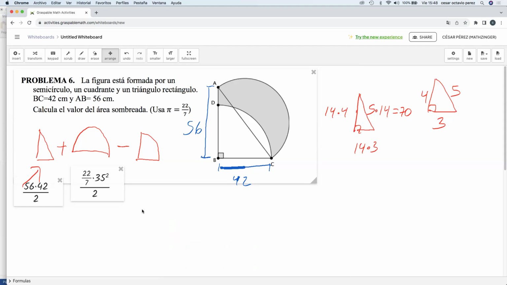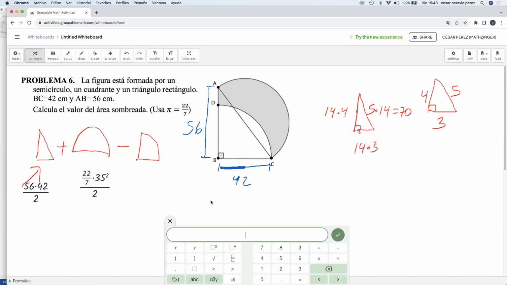And we need to subtract this over. What is the area of this one? Of the quarter of a circle. Yes.